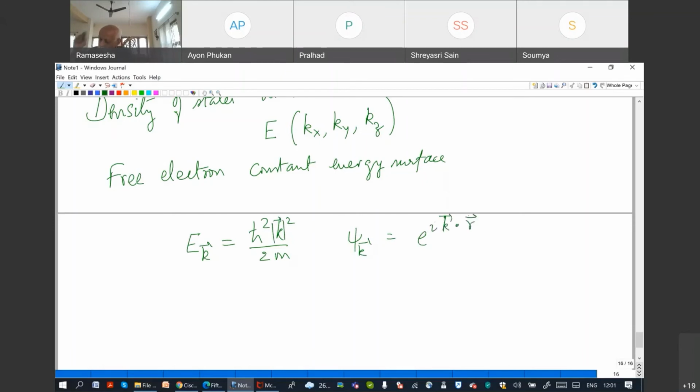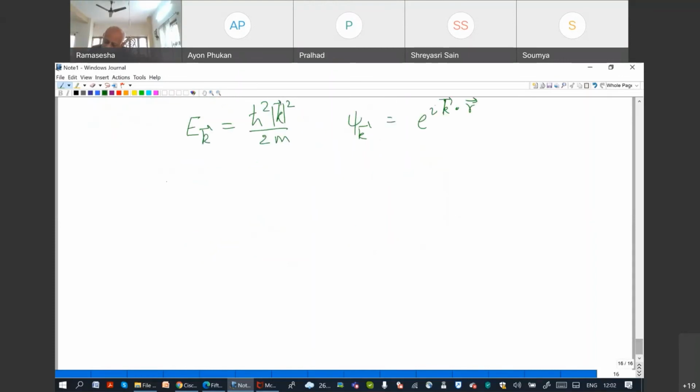Have you done this anywhere in quantum mechanics? You have not studied plane waves. You have studied particle in a box, a particle in a three-dimensional box. In a particle in a three-dimensional box, what is the energy given by?